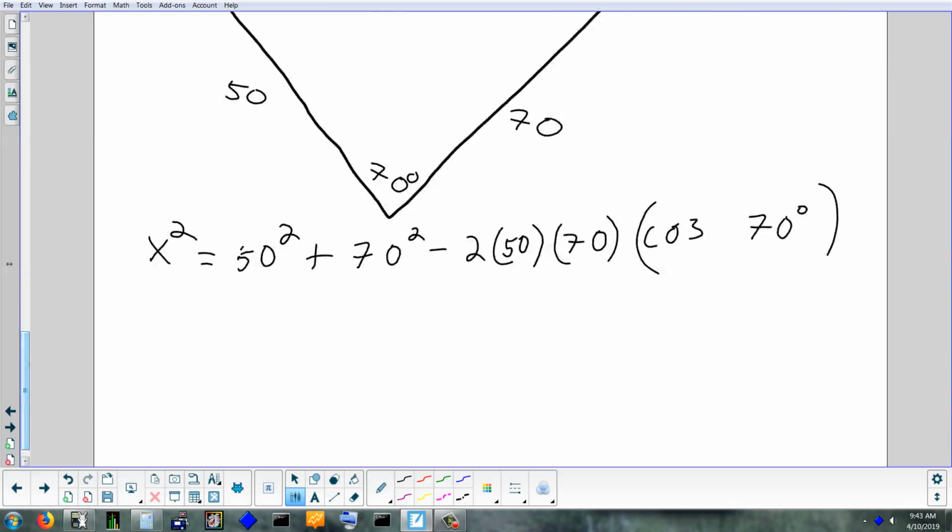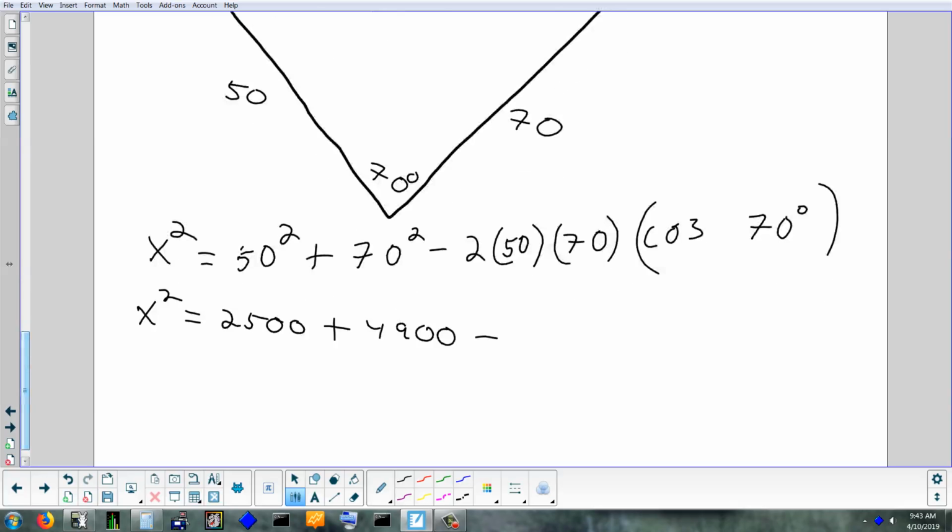Okay. So now the numbers are going to be a little big, but we can use the calculator. Well, we don't need it yet. What's 50 squared? 2,500. And 70 squared? 4,900. Yep, 49, and then just add 2 zeros. The next part, I think we're still okay. 2 times 50 is 100.